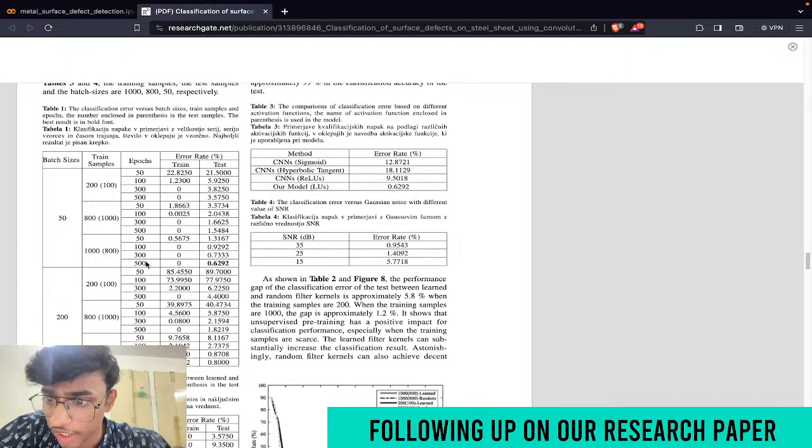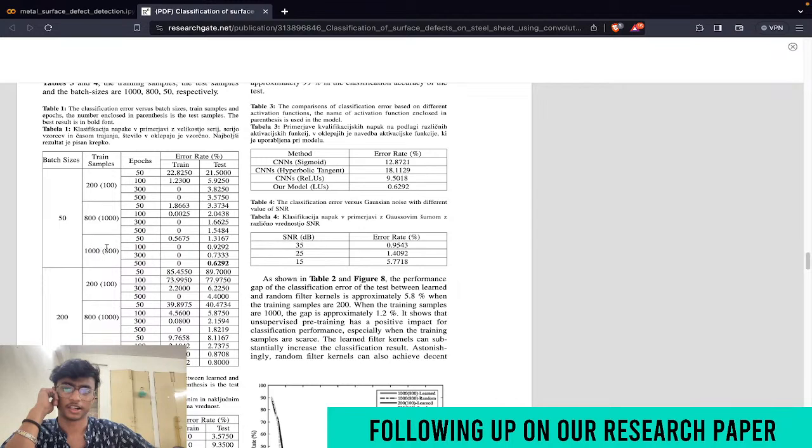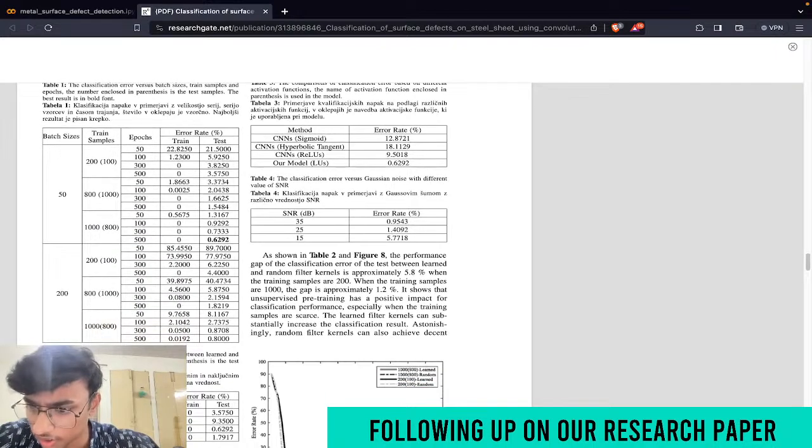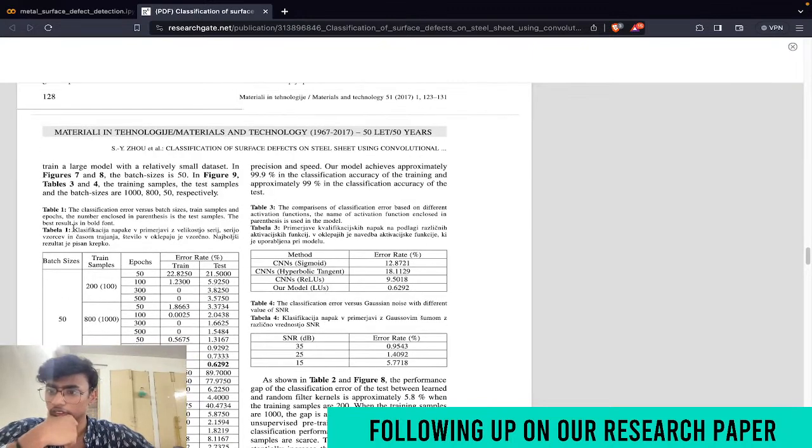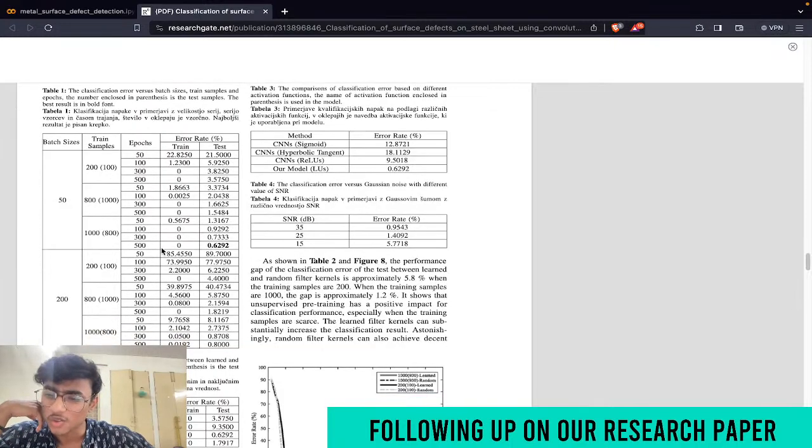And after 500 epochs, using 1000 train samples and 800 test samples. How does it work? The comparison of classification error versus batch size and train samples. The batch size is 1000.